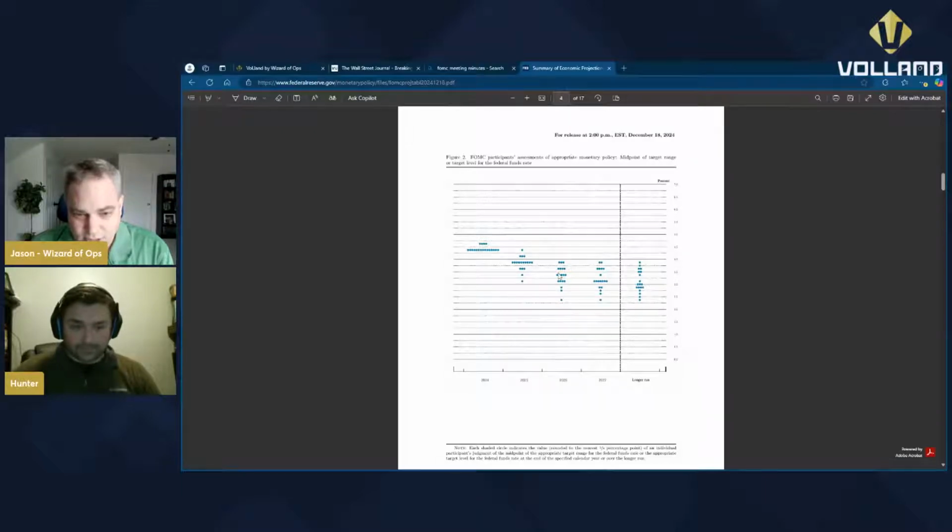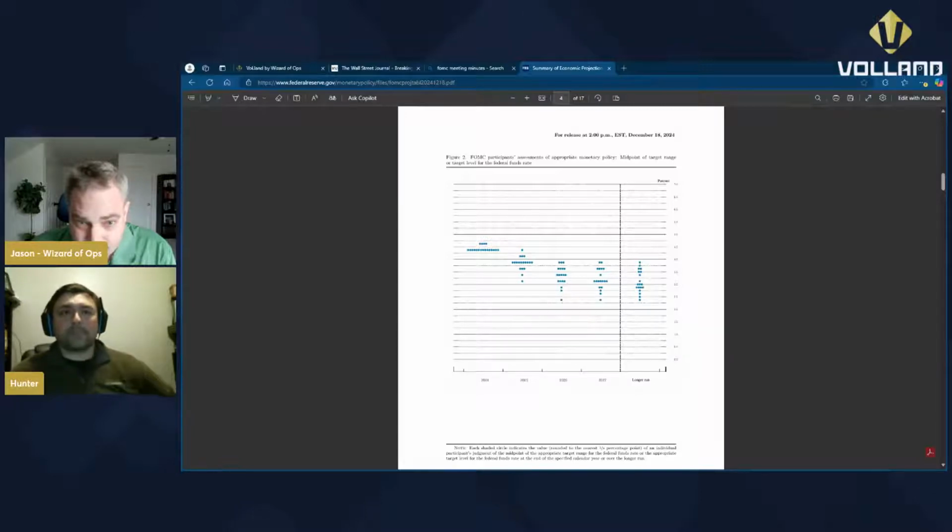They're still looking at a bunch of cuts. Obviously, there are some dissensions. There are 4 dissensions. I guess they cut, right? That's what everybody's saying right here, right?